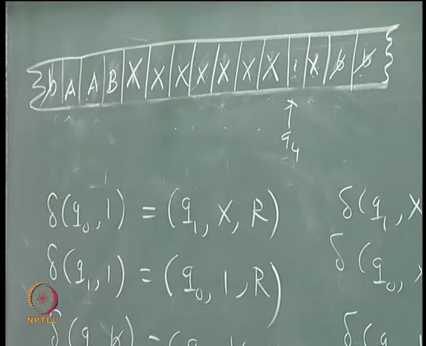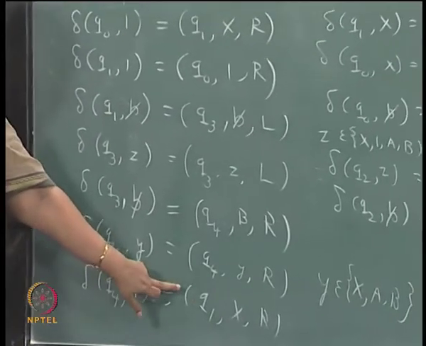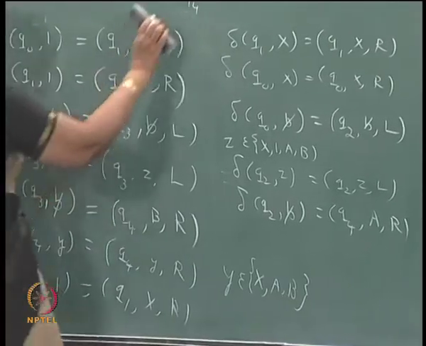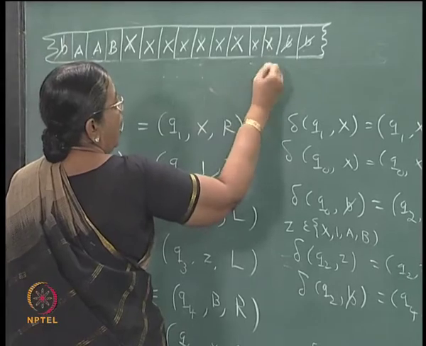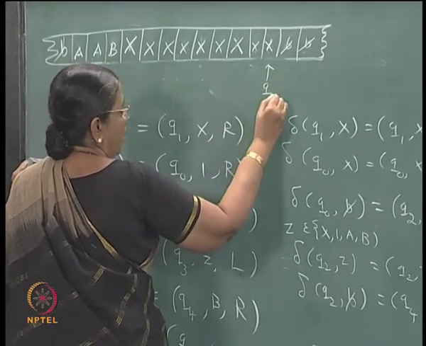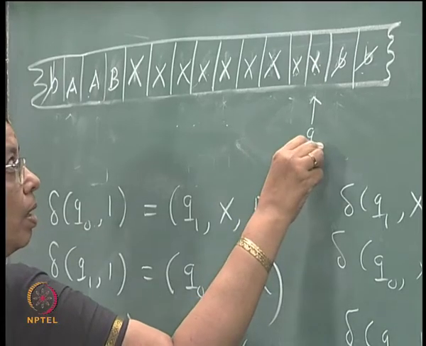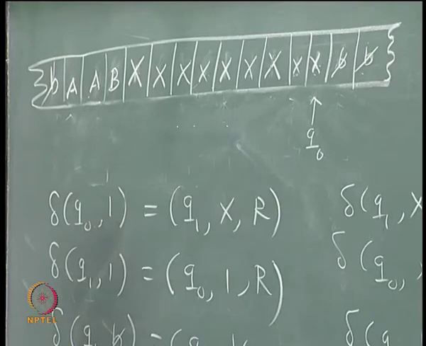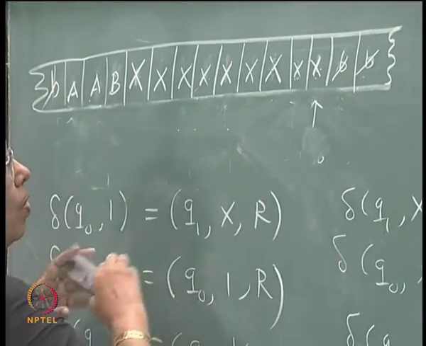Right. When you see a 1, you go to Q1, make it a X and move right. So, make this into a X and move right in state Q1.